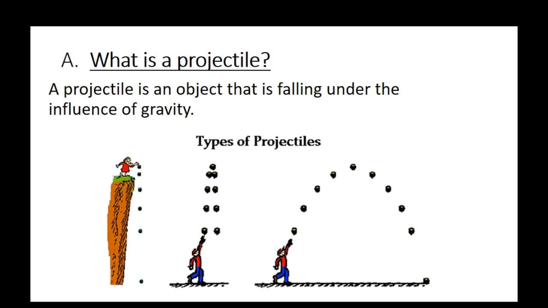And gravity actually has a quadratic effect on the object. And you can kind of tell that from the shape, especially with the last one over there. It follows the path of a parabola, right?